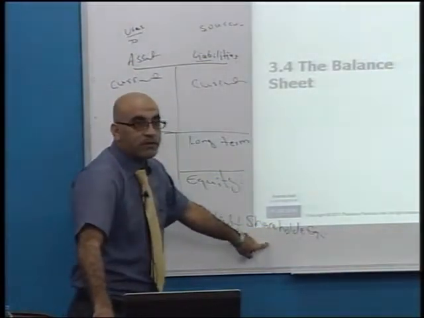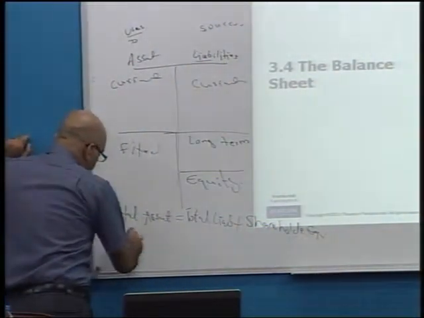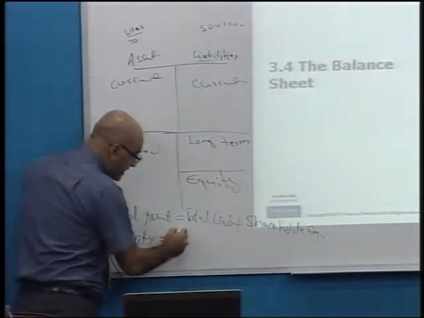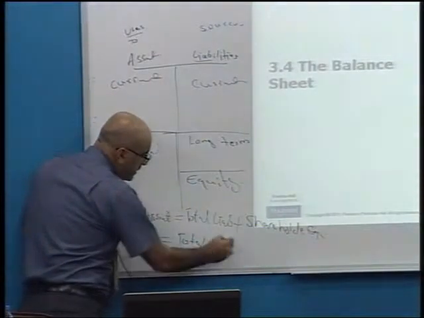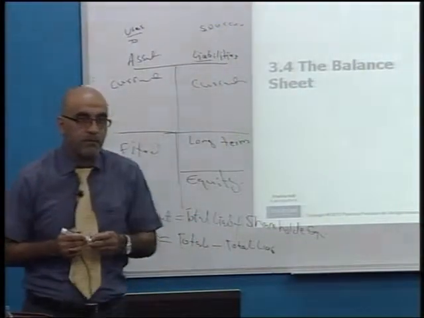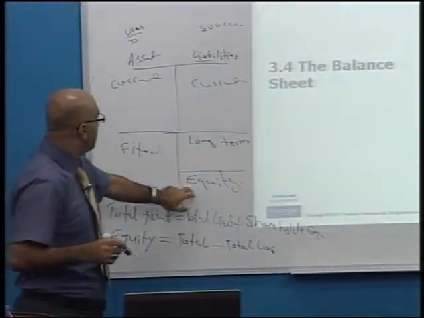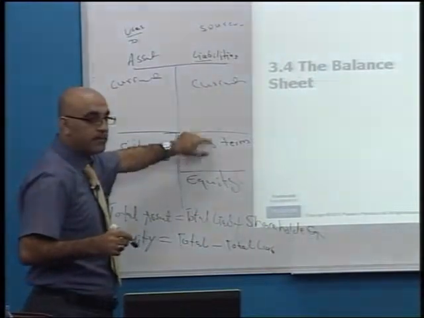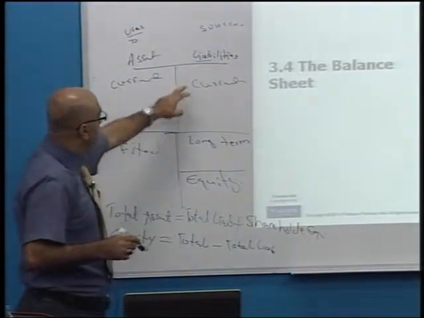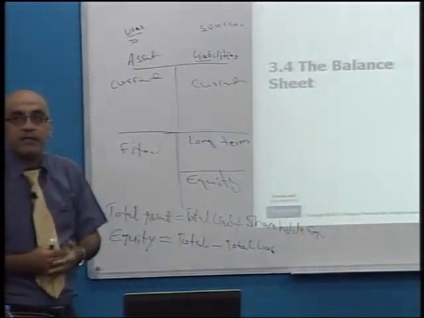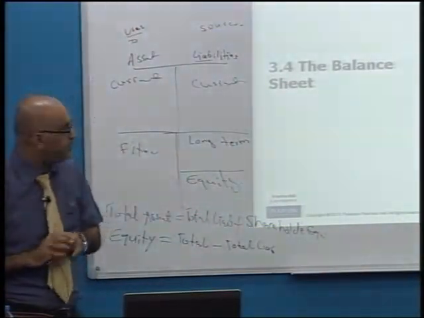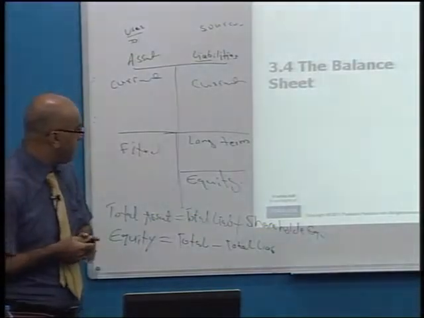So the shareholder equity in this case is equal to total assets minus total liabilities. Okay? So this part is equal to this part minus this part. So equity is equal to total assets minus total liabilities. Total liabilities includes the current liabilities plus the long-term liabilities. Okay?